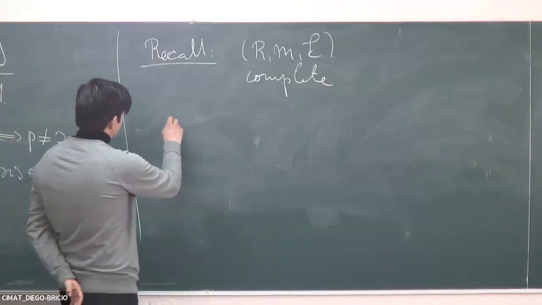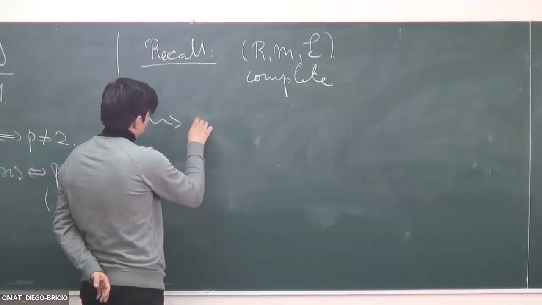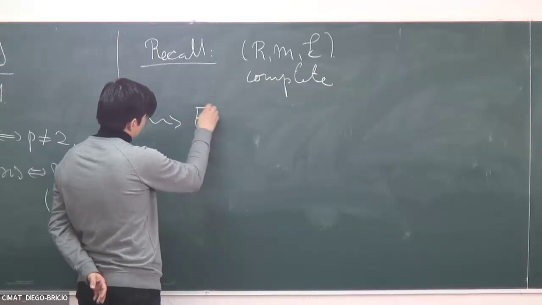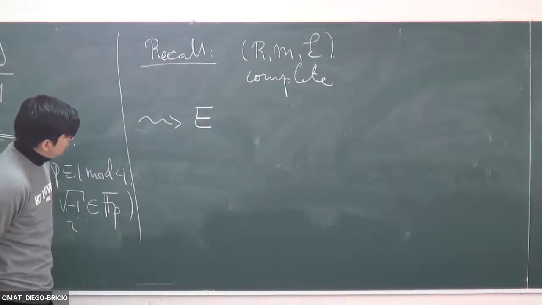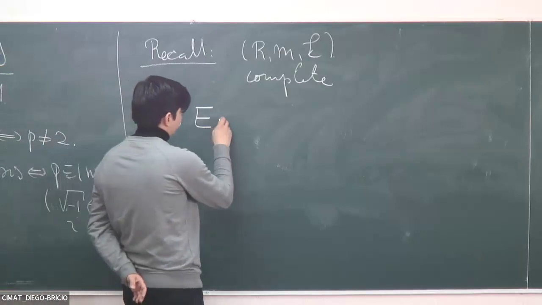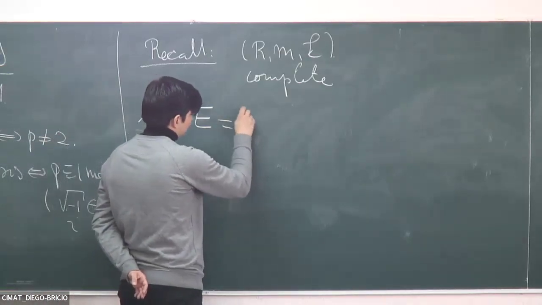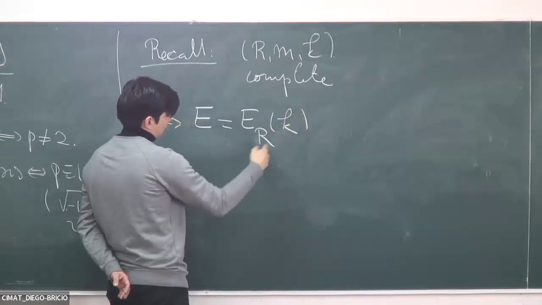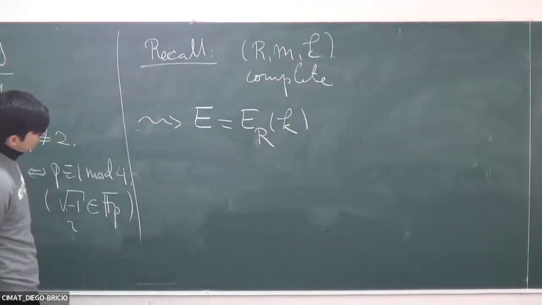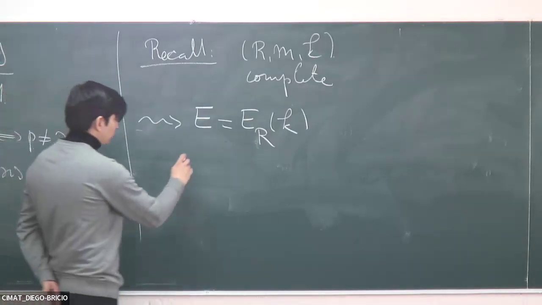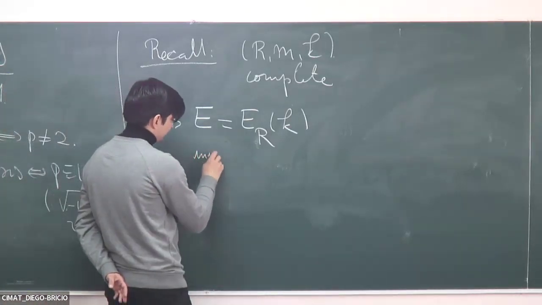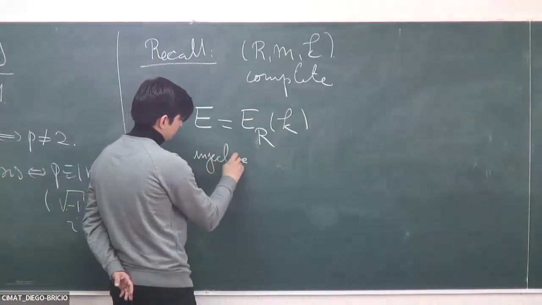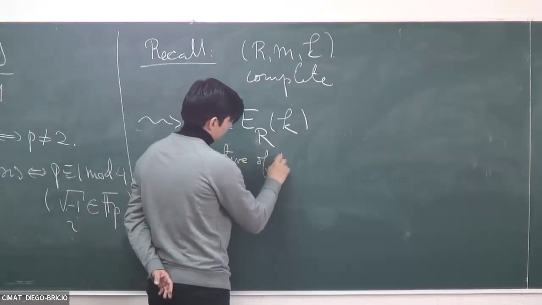And so in here, we can cook up an injective hull of the residue field. So technically speaking, it depends on R and k in principle. So, injective hull of the residue field.